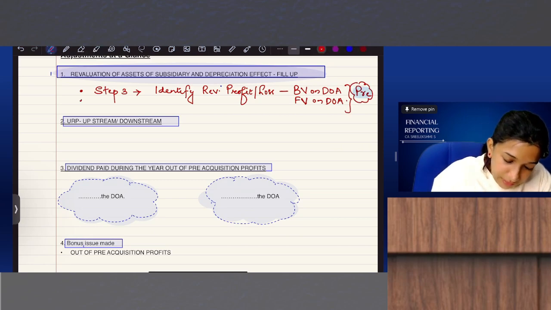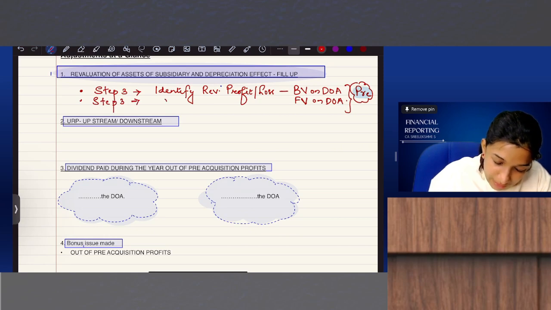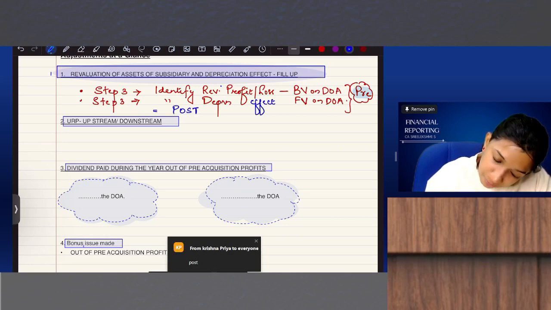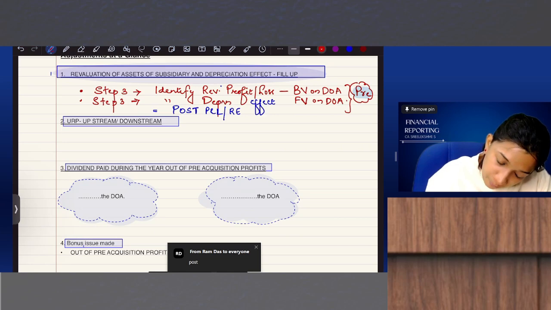Then in step 3 itself, identify the depreciation effect. Depreciation should always be adjusted in post P&L or retained earnings. The effect is always in post P&L or retained earnings.